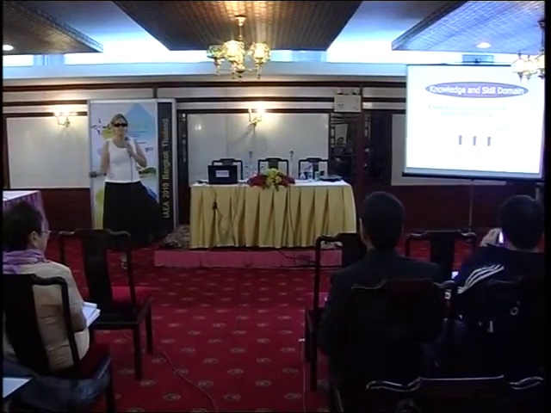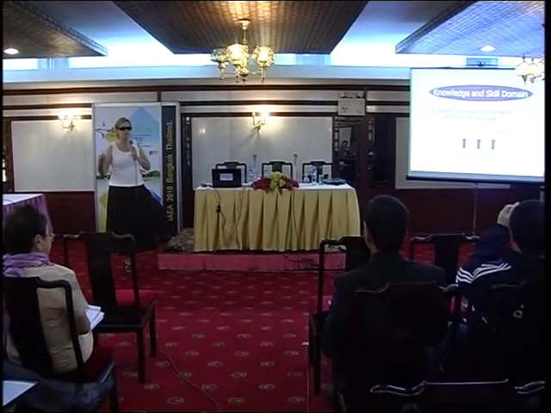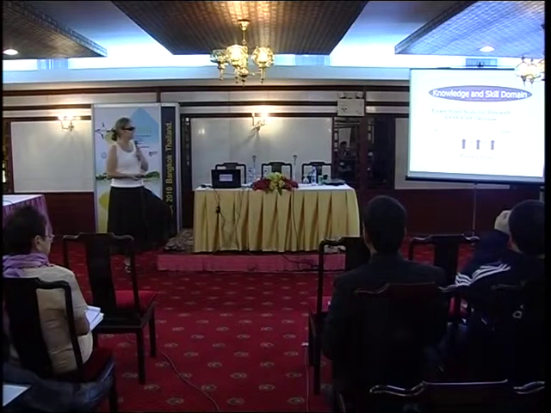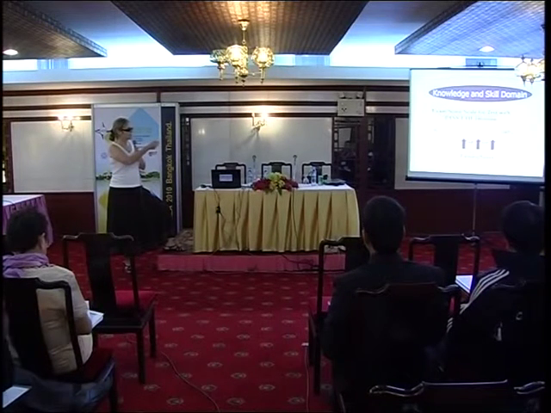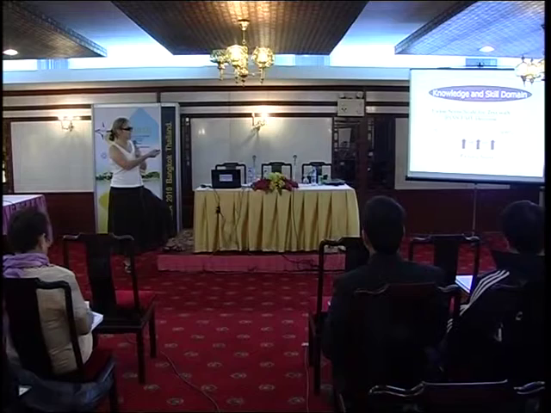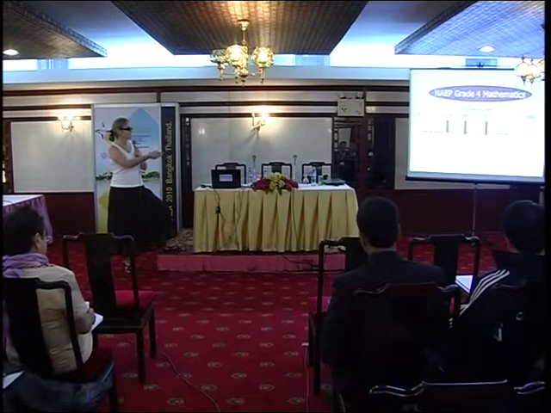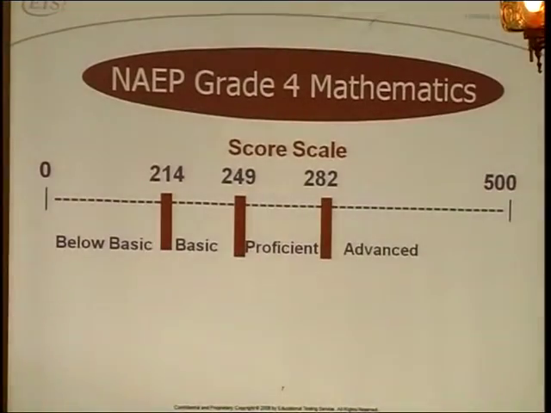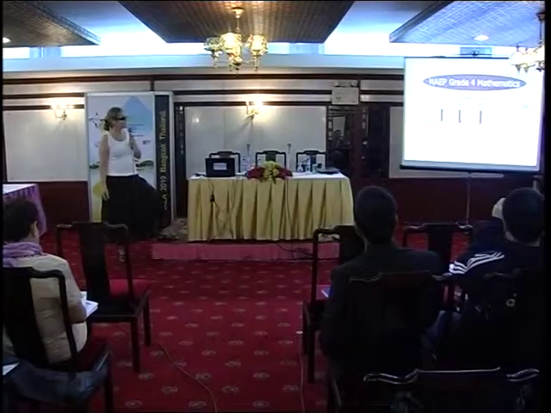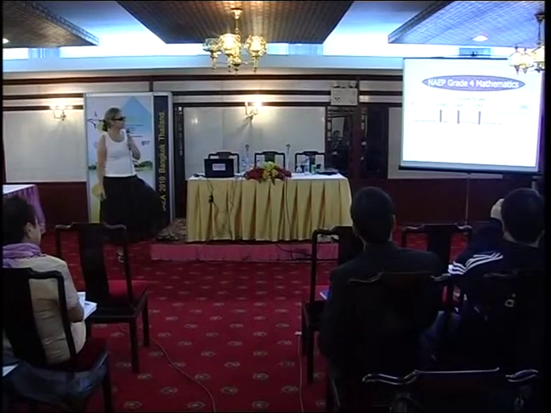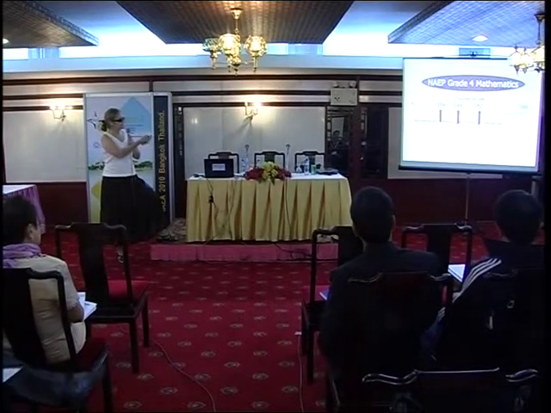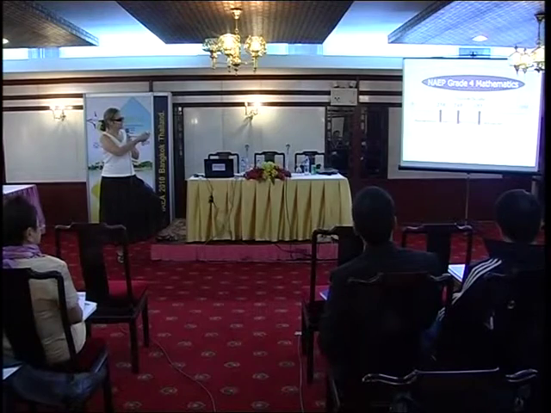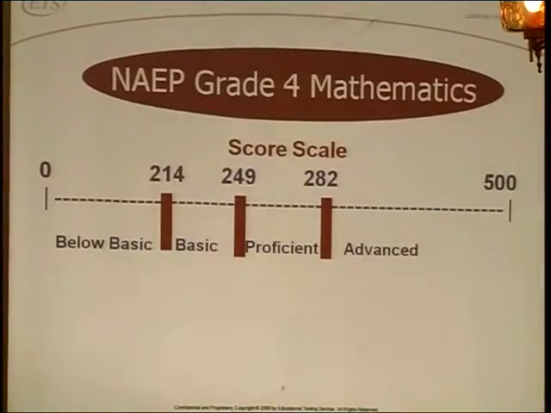There is no absolute right or wrong where it goes, but it's the outcome of a process that decides where we're going to put this score on the 0 to 100% scale. Or on NAEP, the American National Assessment, in grade 4 mathematics, it's a scale from 0 to 500, but the scores that divide the levels are 214, 249, and 282.